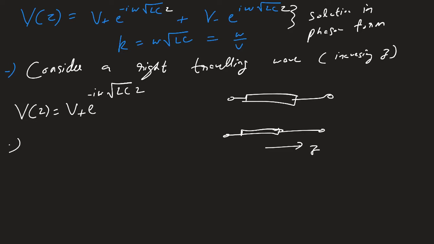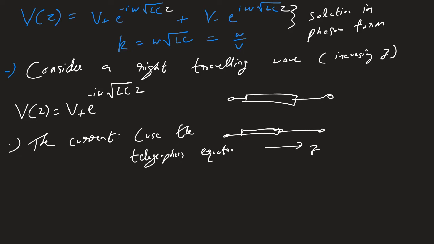So let's find the current. The current will be found, so we'll have to use the Telegrapher's equations. Whenever I use the word Telegrapher's equations, in my mind it's like someone sitting at an exchange in 1945 or something, and taking derivatives basically to find the corresponding current.